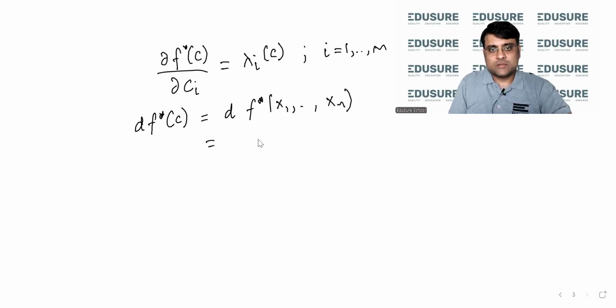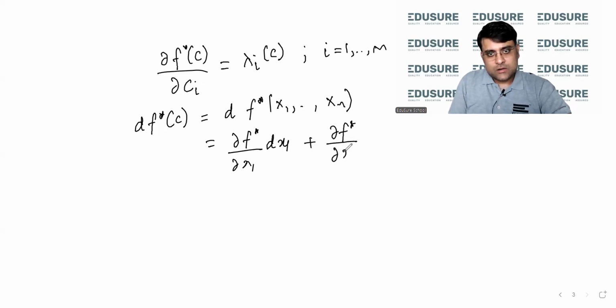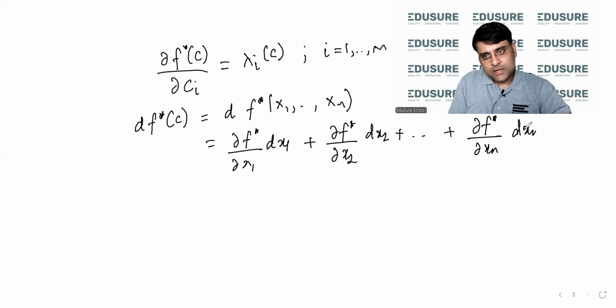Basically what I'll get is f1, let's write it like this, plus del f star del x2 dx2, plus del f star del xn dxn.